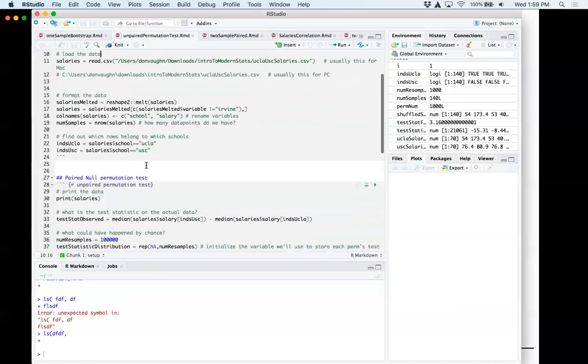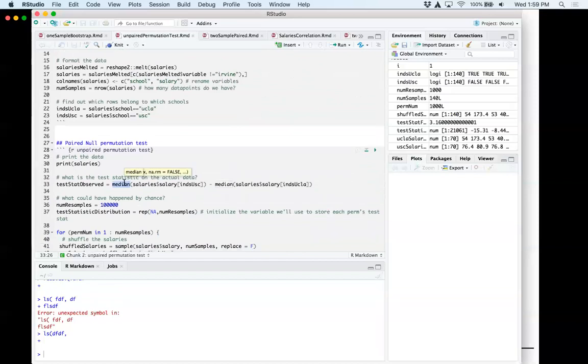So each time where I was calculating the median difference or mean difference before, I now want to take my average salary and divide it by my average salary in the other group. So the mean salary at USC divided by the mean salary at UCLA. If you did the division first and then took the mean, you're making an additional assumption that we'll talk about later.